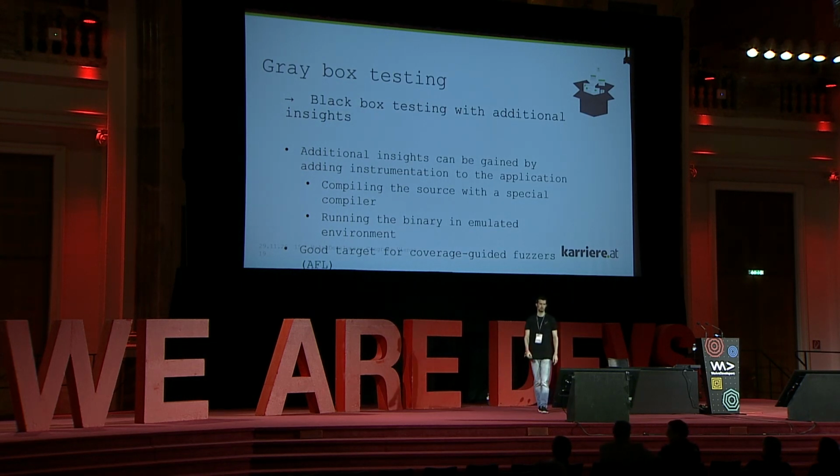Gray box testing is black box testing with additional insights. So what are additional insights? Additional insights give the fuzzer more view into what is going on inside an application. This is also called instrumentation, when we instrument an application.